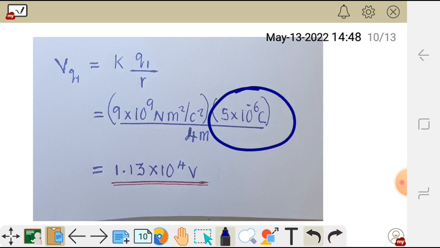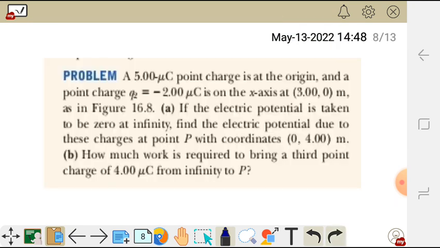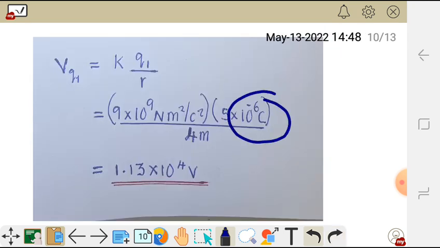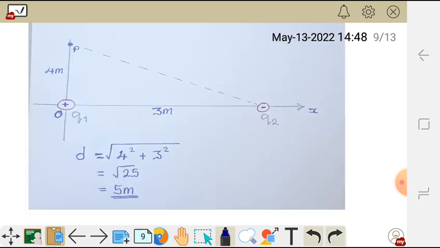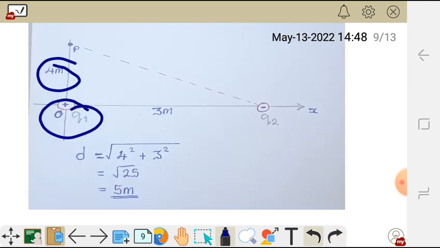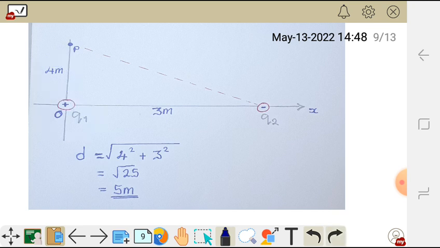We've already been given it in microcoulombs, so in microcoulombs, we simply multiply by 10 to the power -6 coulombs. Over the distance for Q1, the distance is 4. So multiplying that and dividing by 4 meters, we are going to have this. That is our V1, the potential at that point due to this charge here.